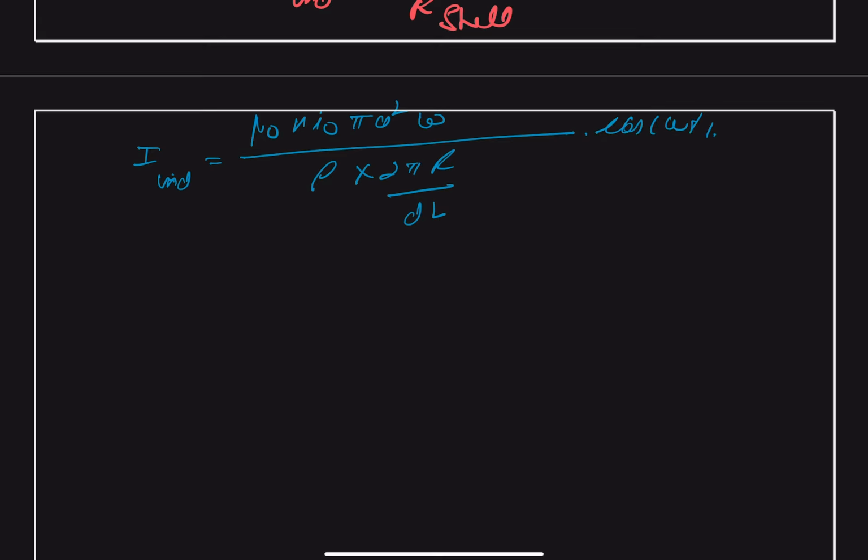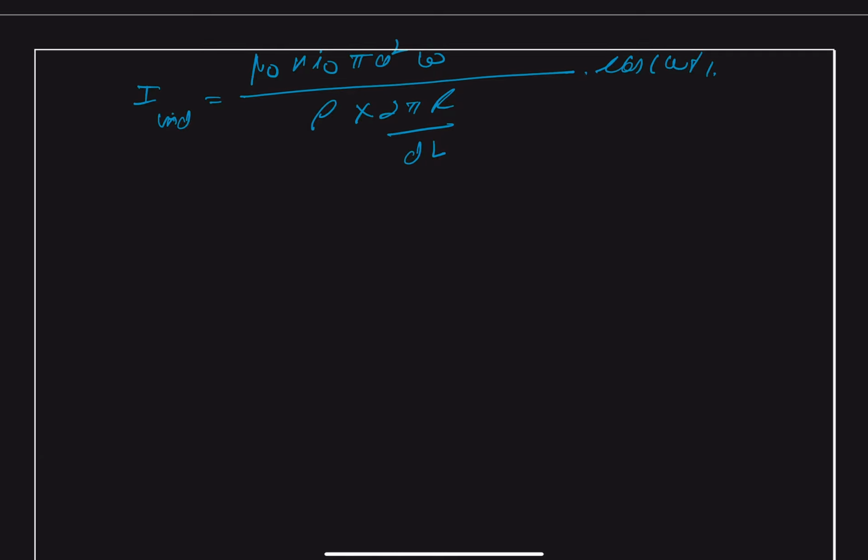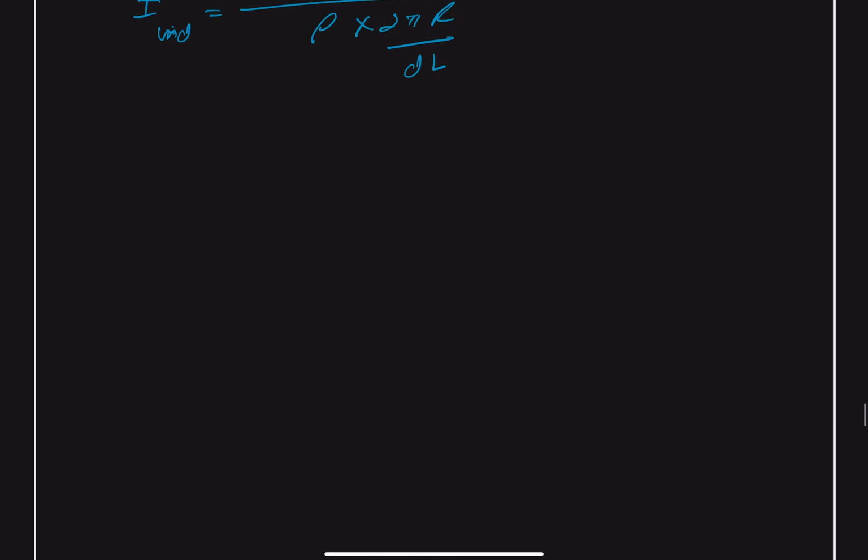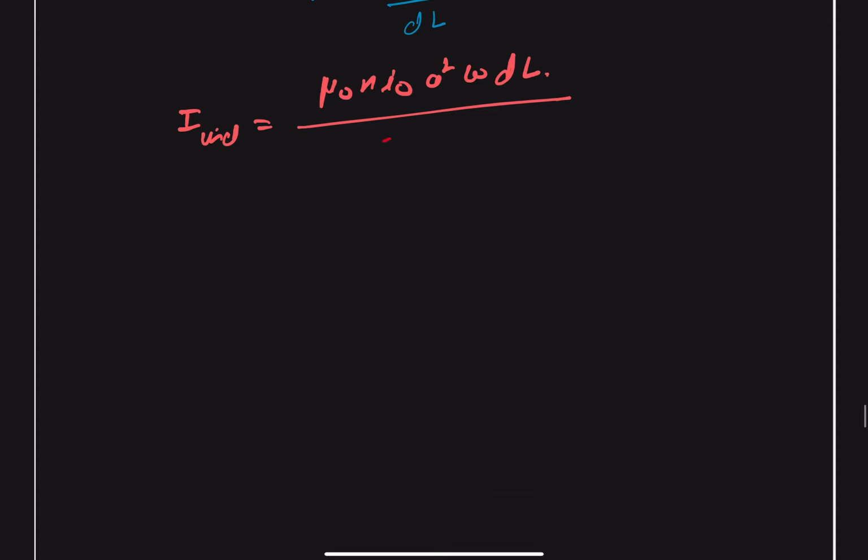So we can now make a minor adjustment. You can say the induced current will be equal to mu naught n I naught a square omega, and this comes d multiplied by L, divided by 2 rho r, and here we have cos of omega t.